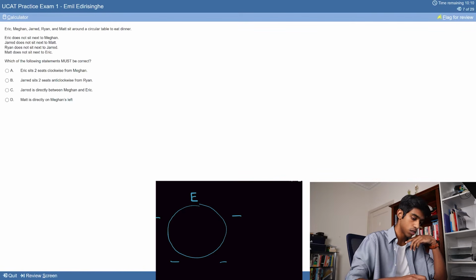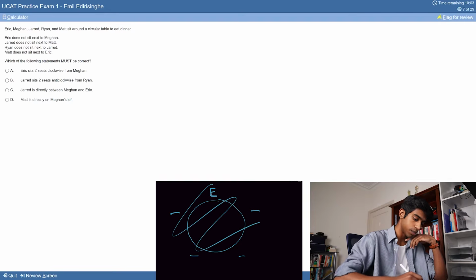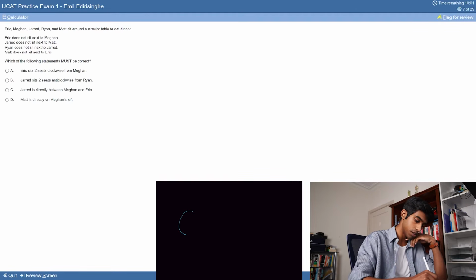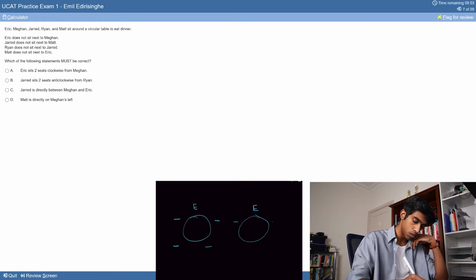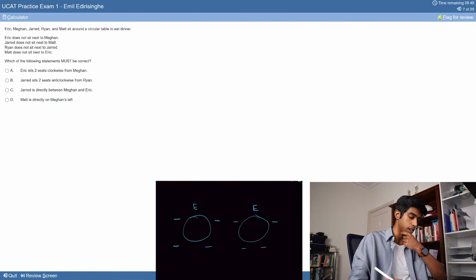So we'll just go, I'll scratch this. Let's just do this. And then you have Eric, 1, 2, 3, 4. So Matt does not sit next to Eric, so he must be here or here.